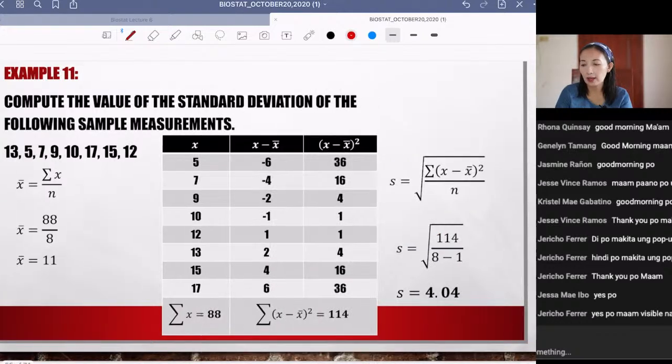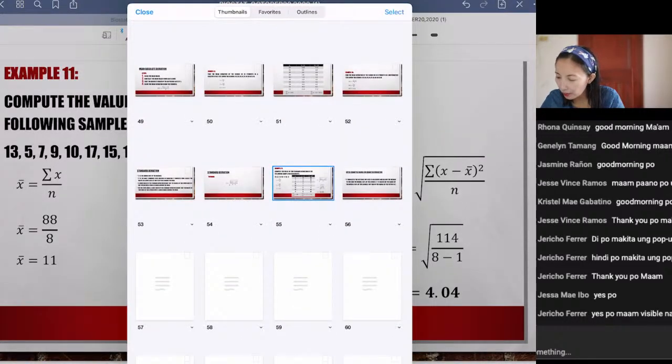So let's look at one example of a computation for standard deviation. This came from our previous example. So what was our answer a while ago? Our s squared was 16 point something, from our variance.